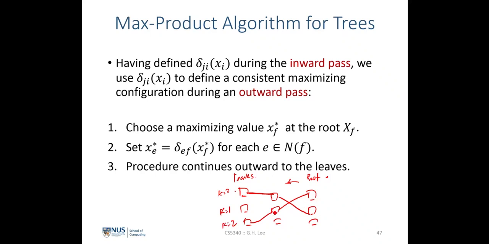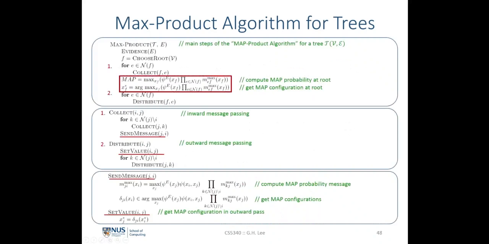And then I can choose one of these values and start to trace the path backward into the leaf nodes by simply following what is recorded in delta_{ji} over here. So what it also means is that I can exhaustively track all the paths and check all the configurations that give rise to the maximal value over here.